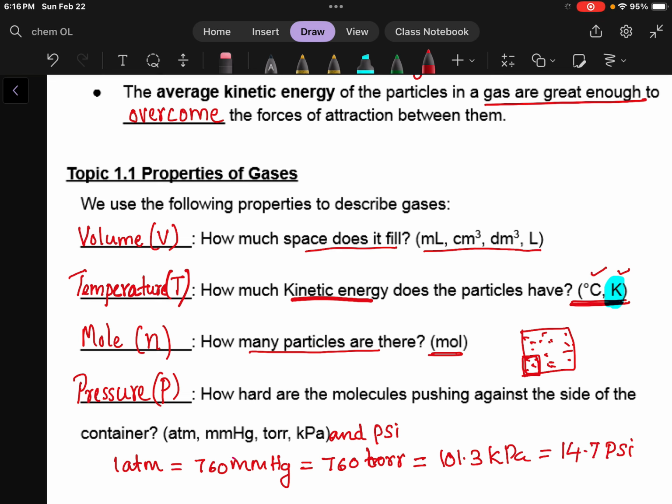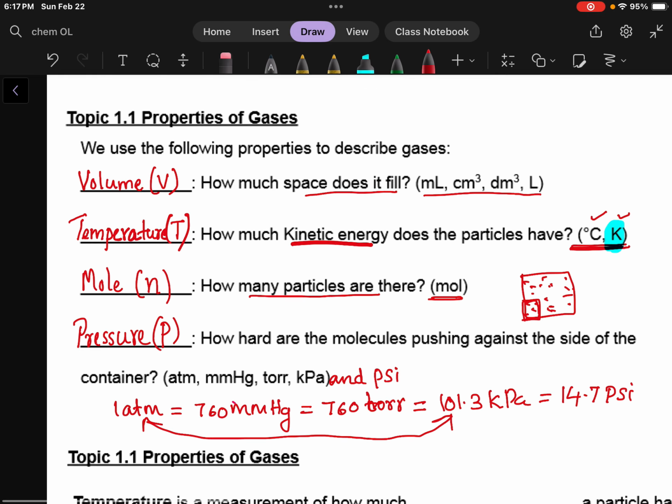So if my question is converting from atm to kilopascal, you don't need multiple steps. You just directly go from this to this, because everything is equal to each other. 1 atm is equal to 101.3 kPa. You don't need to do multiple conversions.